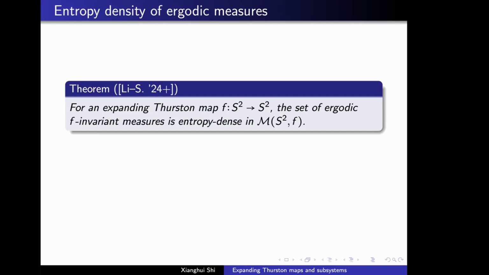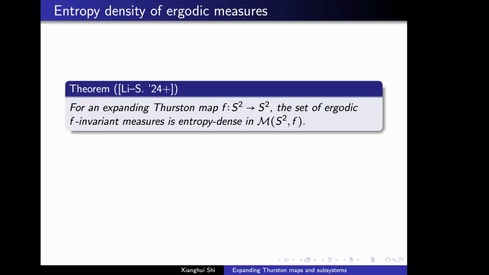Actually, it has been used in large deviation theory and multifractal analysis. Because instead of directly studying a general invariant measure, with a small cost we can transfer the problem to studying ergodic measures, for which we have more tools to apply, for instance Birkhoff's ergodic theorem.